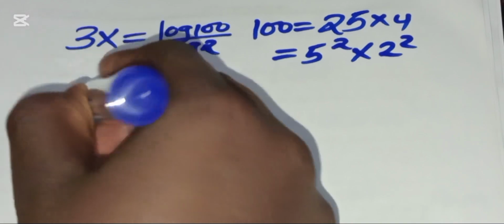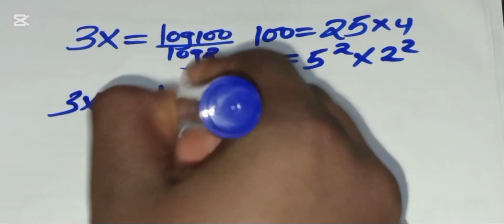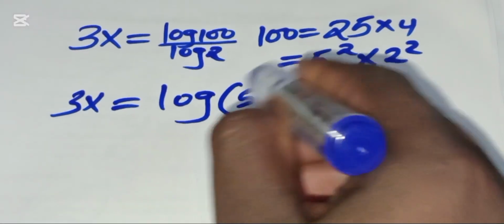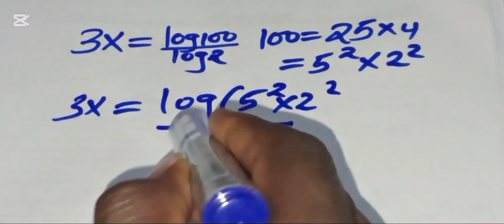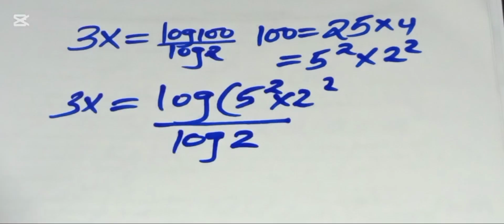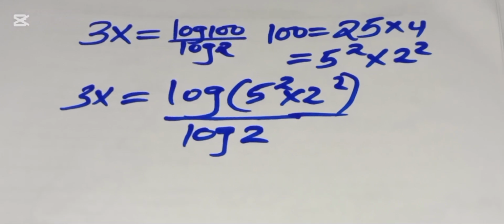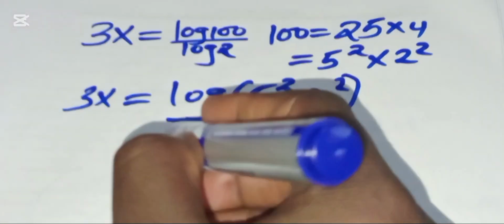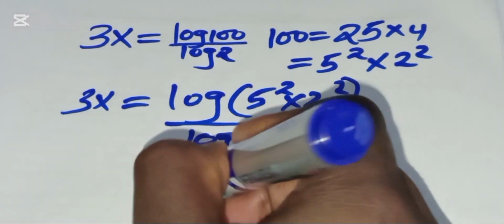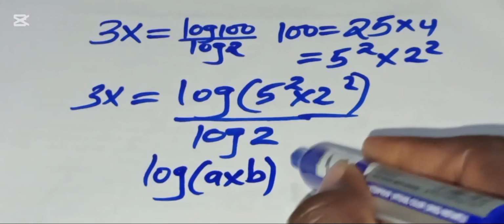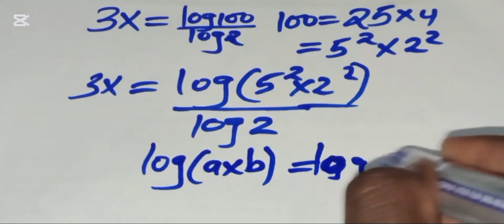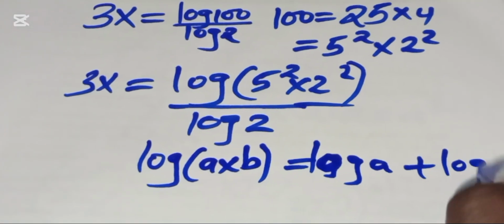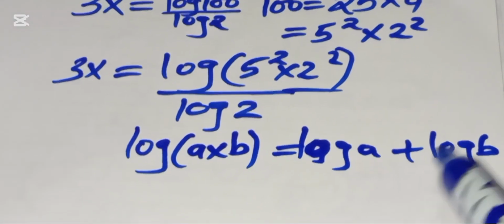We'll have 3x equal to log of 5 squared multiplied by 2 squared, divided by log 2. Log 5 squared times 2 squared is in the form of log a multiplied by b, which you can express as log a plus log b.